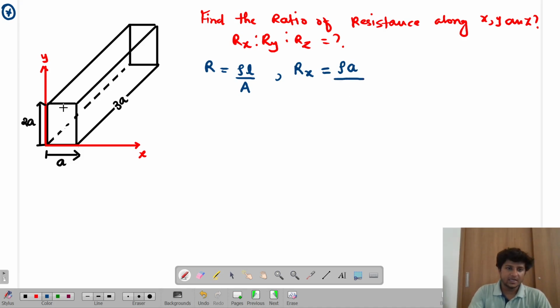Look over here, this current will be perpendicular to the plane created by the y-axis and z-axis, or not? The y-axis length is how much? 2a. And the z-axis length is how much? 3a. So that area is 2a into 3a.